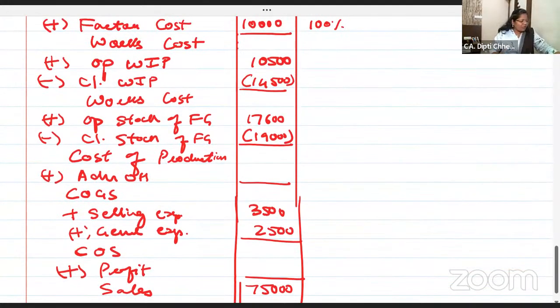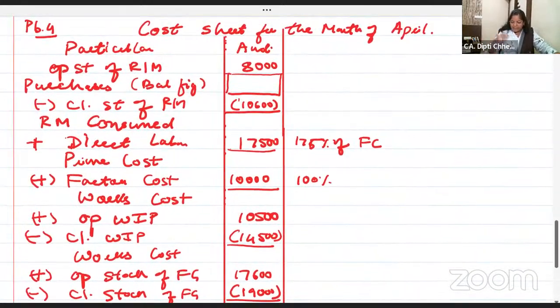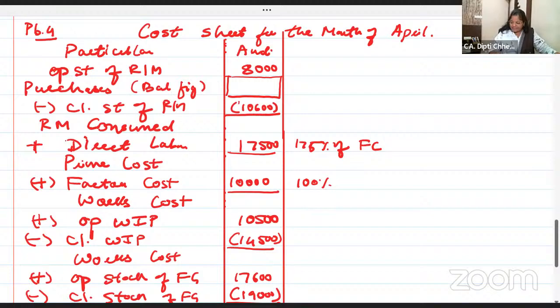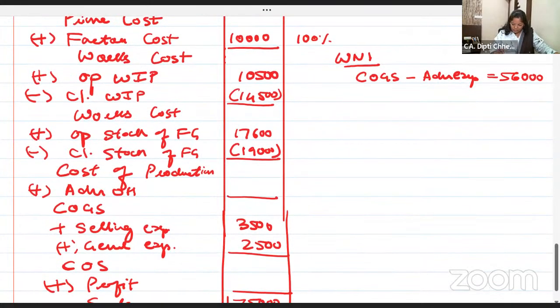Okay. Now we will use the information. I'm writing on the right hand side. You can write below the cost sheet. Just to sync here, I'm making working note 1. They said cost of the goods sold excluding administrative expenses is 56,000.